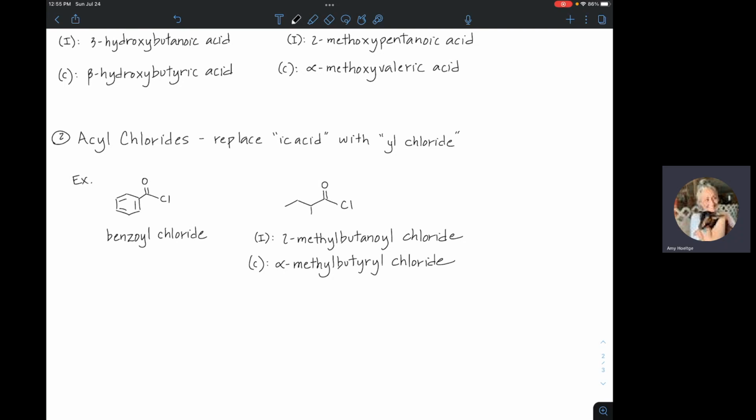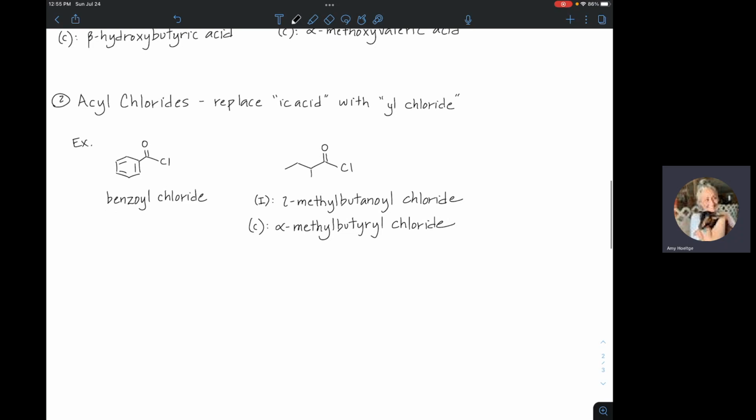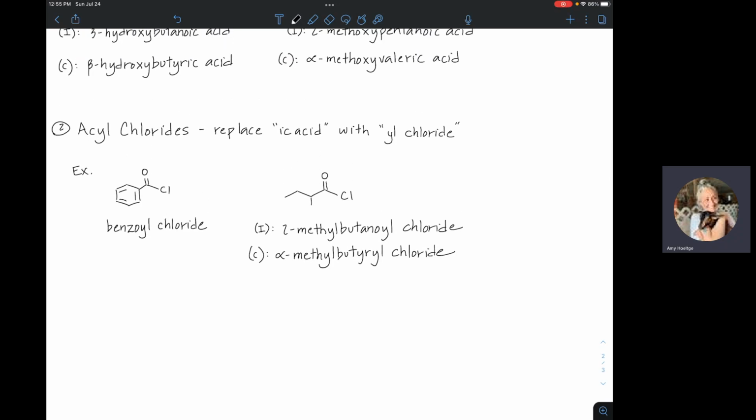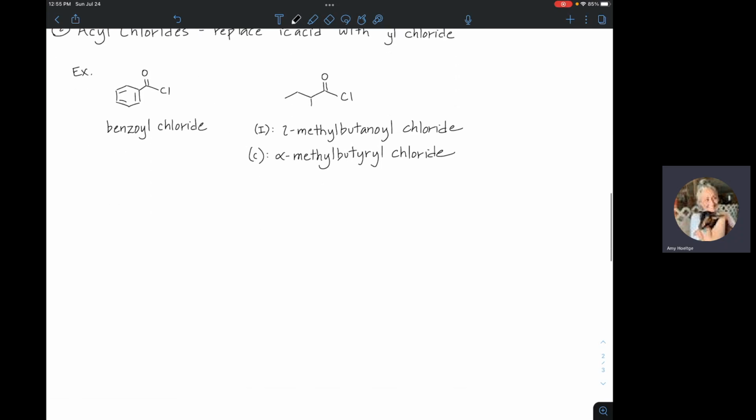For carboxylic acid derivatives, common and IUPAC nomenclature are, no pun intended, pretty common and swappable. So you could find either one of these names on a bottle or both. So you're basically just taking the ic acid out, putting yl chloride, and there you have it. When we go through reactivity, these will be our most reactive of all the carboxylic acid derivatives. Again, why is that? Because the halide ion is a good leaving group.